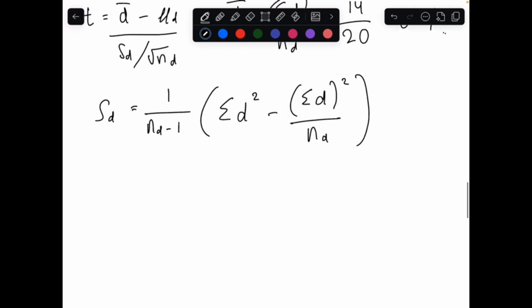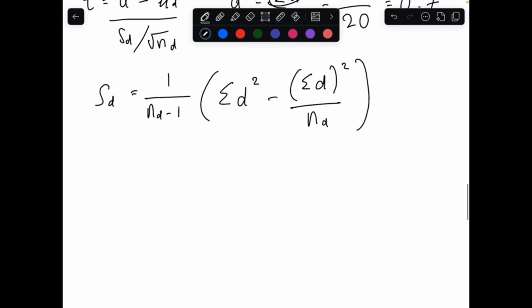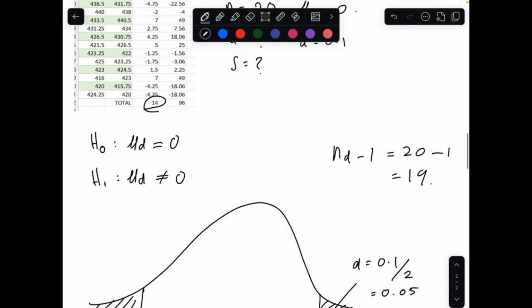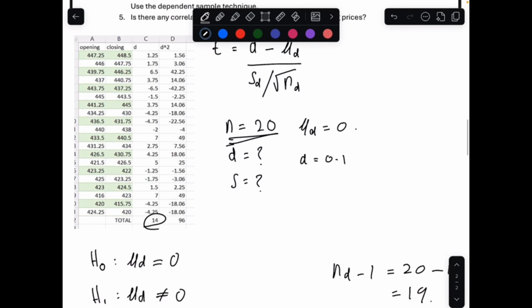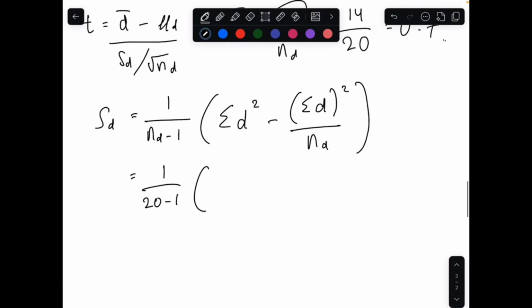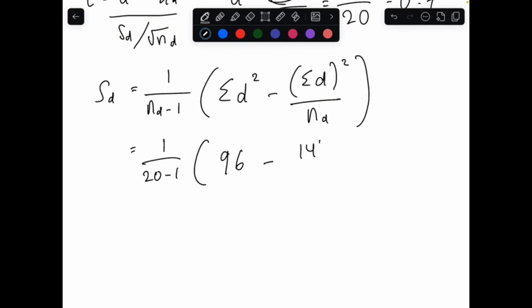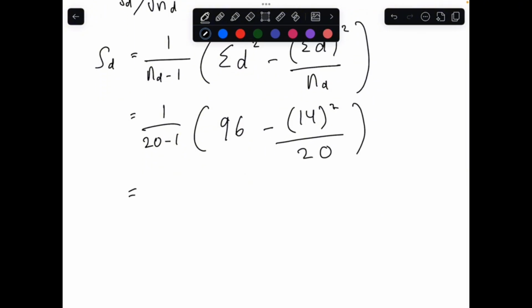Substituting the values, we get 1 over 20 minus 1, times sum of d square, which we get from the table that we constructed. The d squared sum is 96, minus 14 squared over 20. When we calculate, we get standard deviation equal to 2.13.